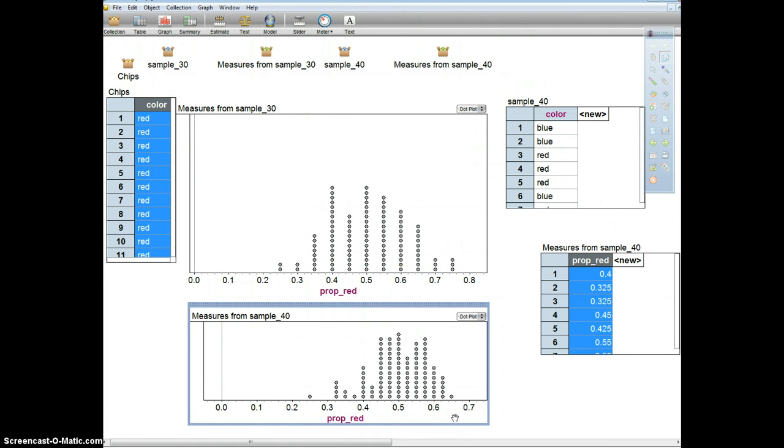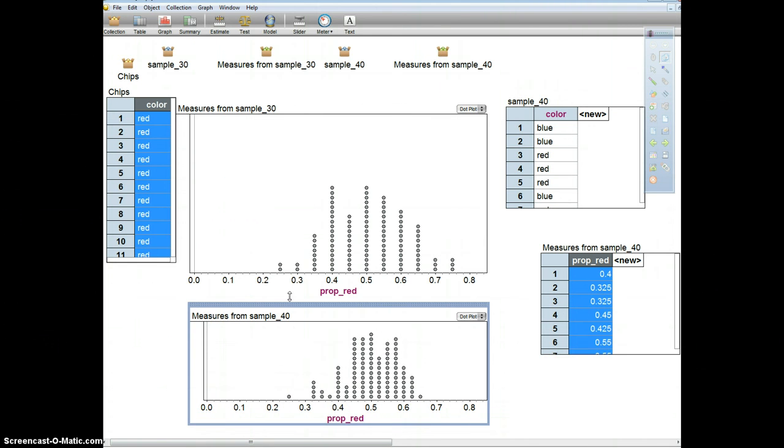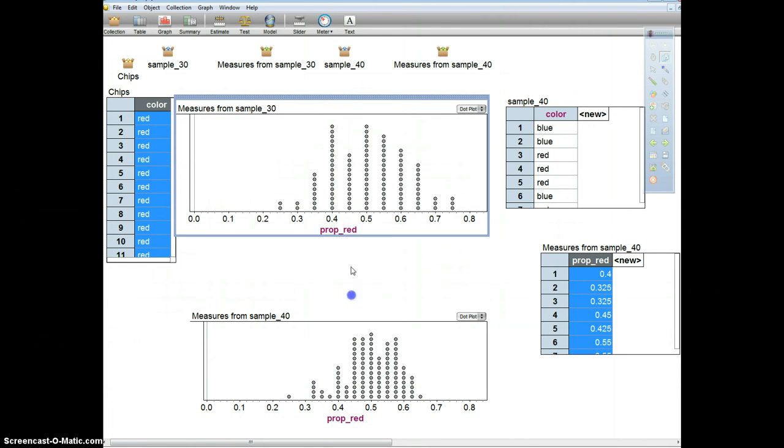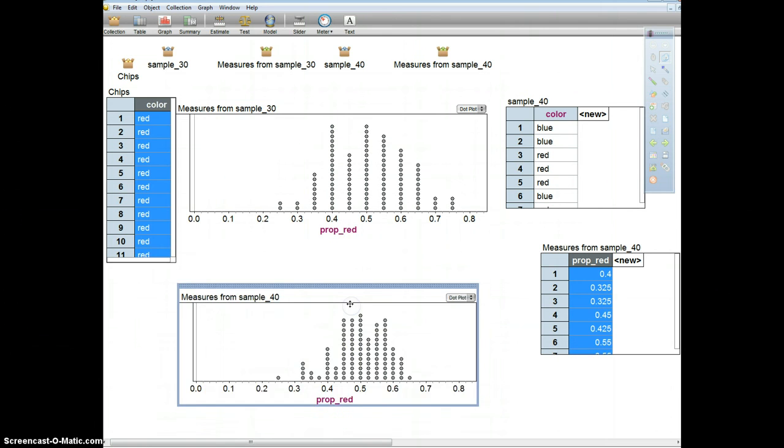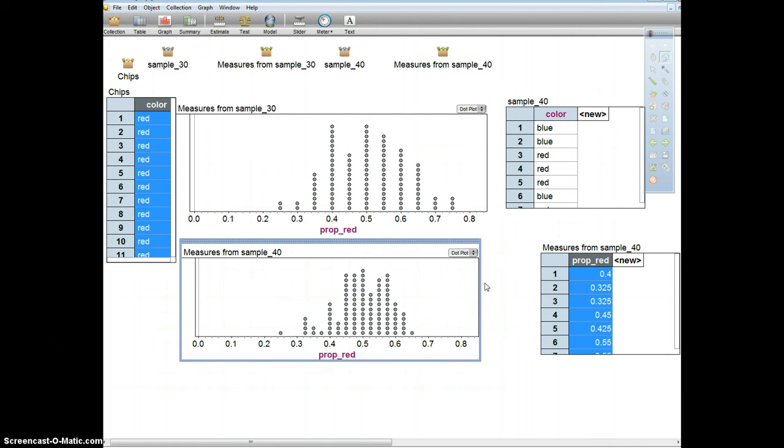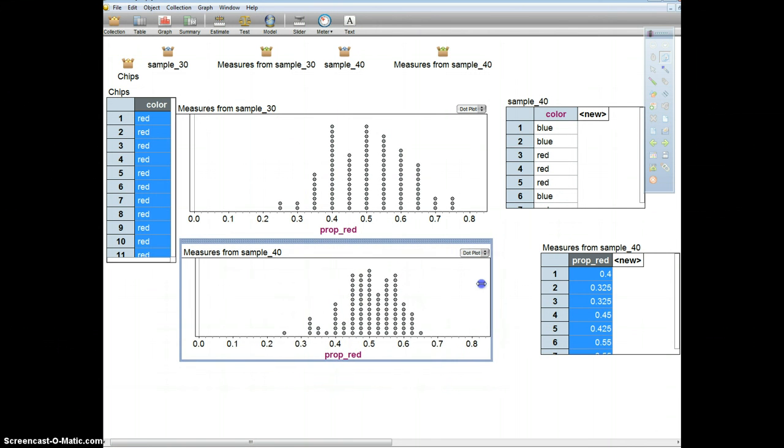And you'll notice that if I line my graphs up so that my scales look pretty similar, you will notice that I have a smaller range. Just by increasing the sample size by 10, I reduced my range from 5 to 4.